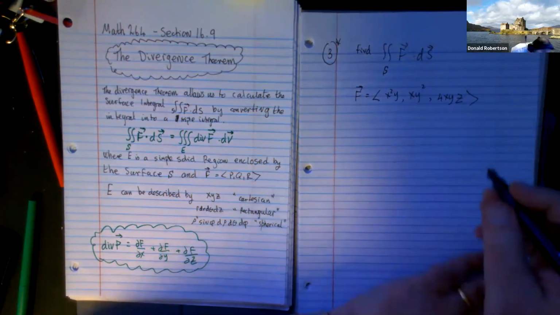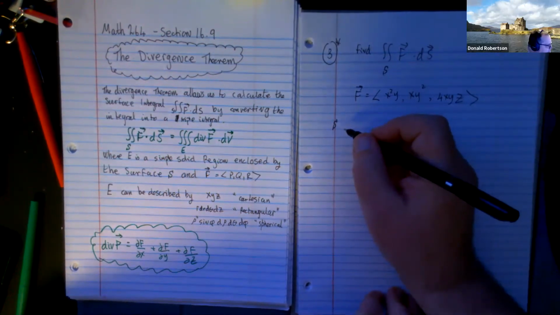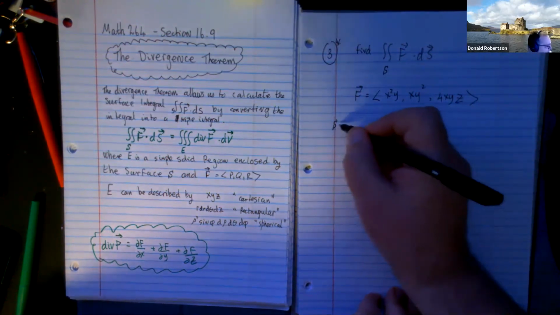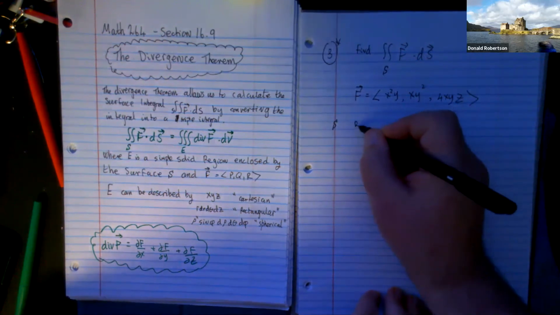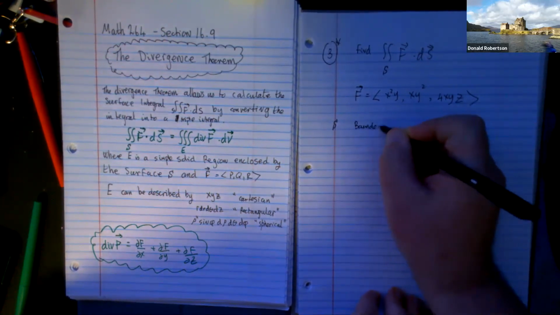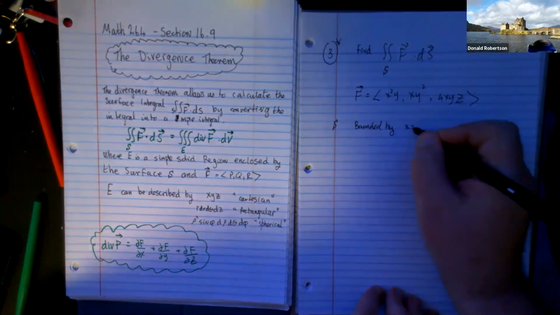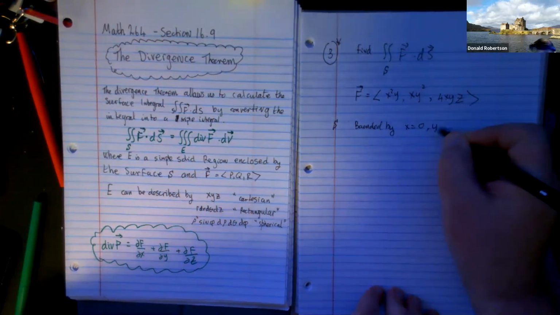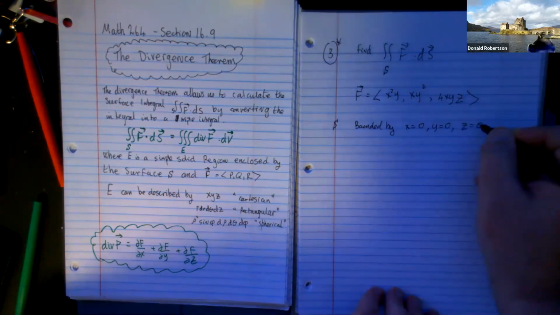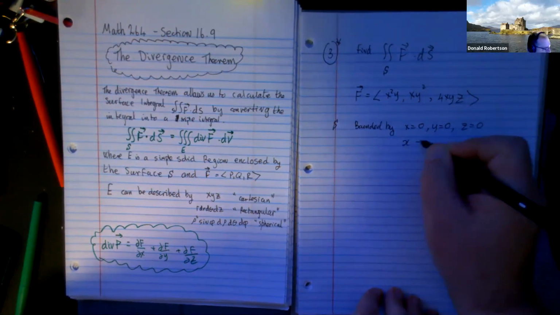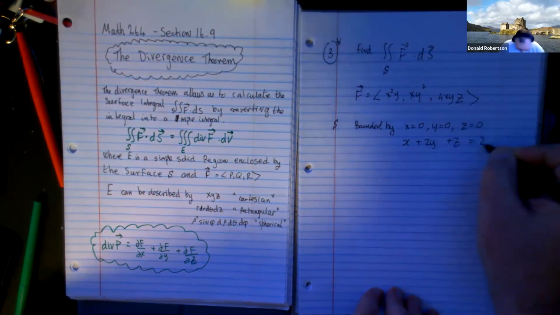Now the S, it's described as the surface, right? So the surface is described in terms of being bounded by x equals 0, y equals 0, z equals 0, and a plane x plus 2y plus z equals 2.